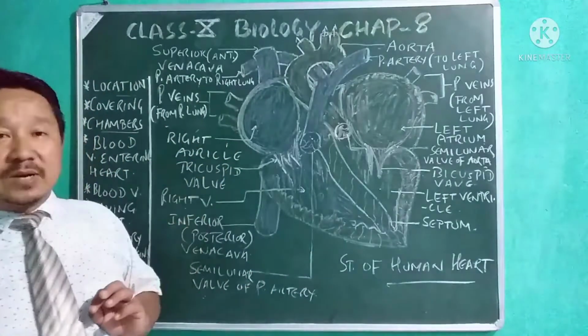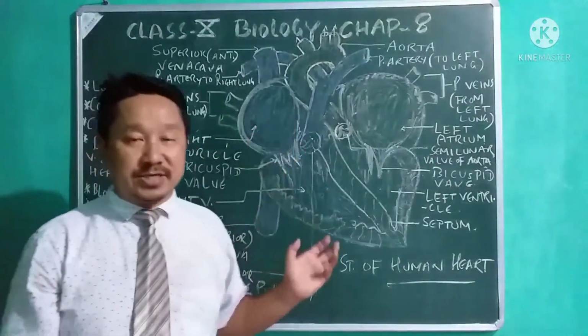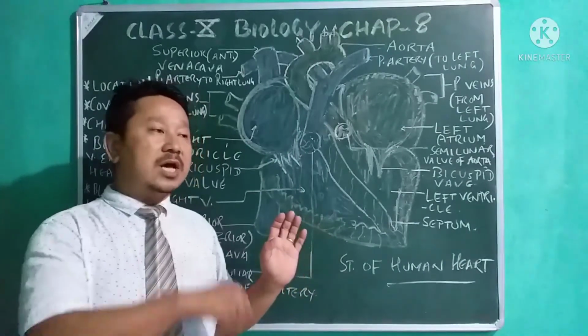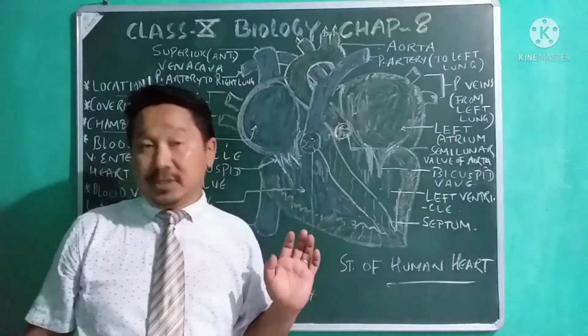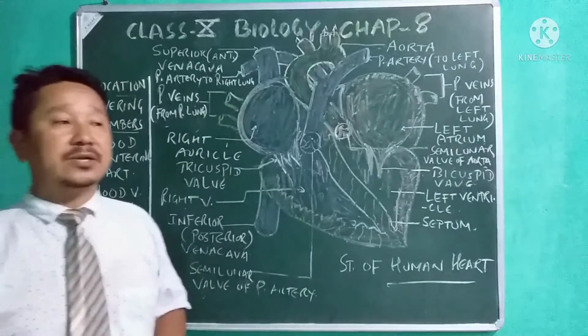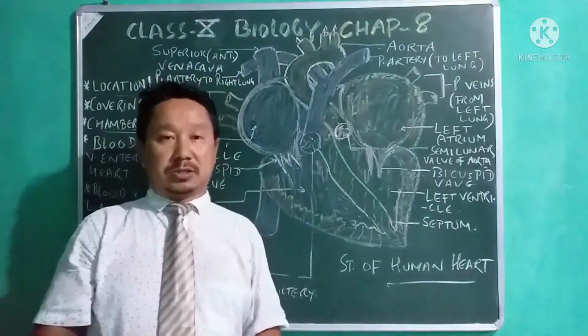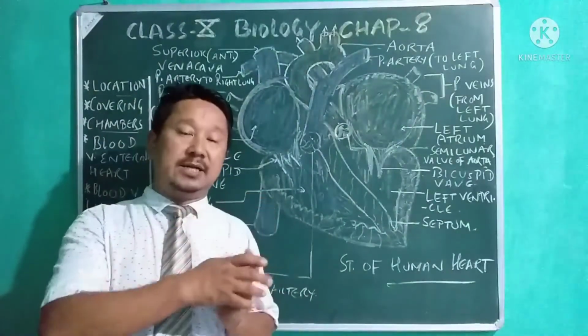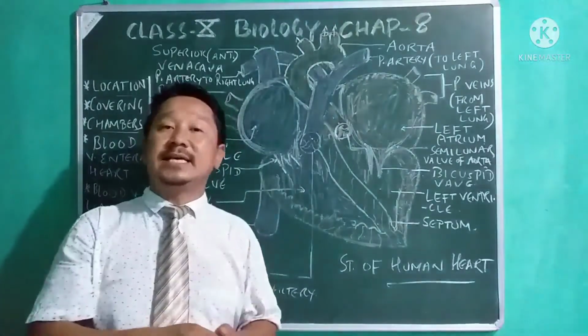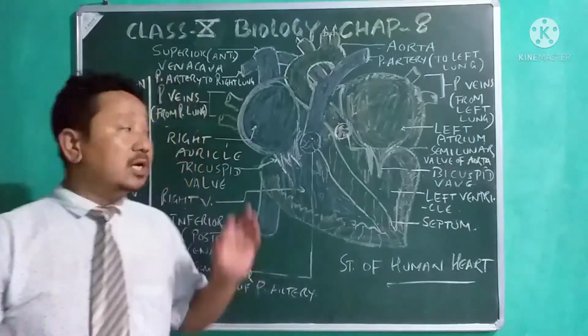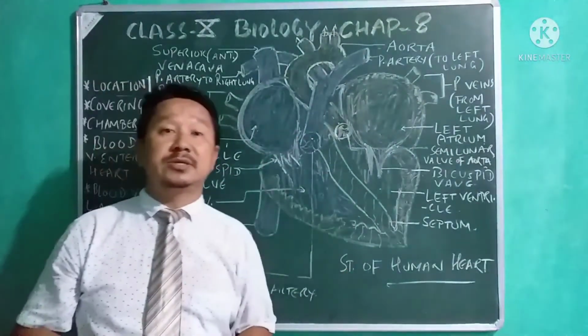Sometimes these coronary arteries, the blood vessels which supply blood to the muscles of the heart, get blocked. Consequently, the blood cannot be supplied to the muscles of the heart.